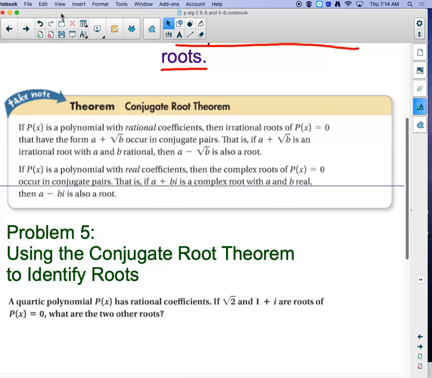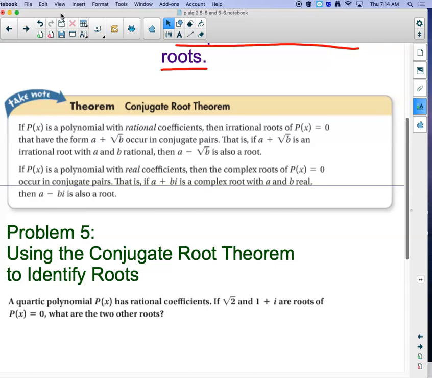If p of x is a polynomial with rational coefficients, then irrational roots of p of x equals 0 that have the form a plus the square root of b occur in conjugate pairs. If a plus the square root of b is an irrational root, with a and b being rational numbers, then a minus the square root of b is also a root. If p of x is a polynomial with real coefficients, then the complex roots of p of x equals 0 occur in conjugate pairs.